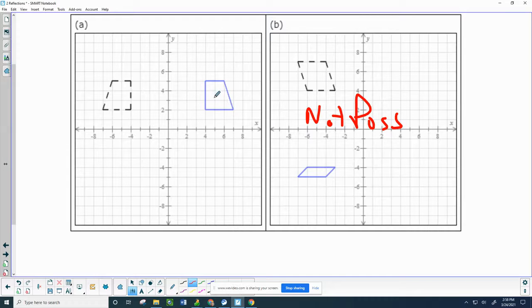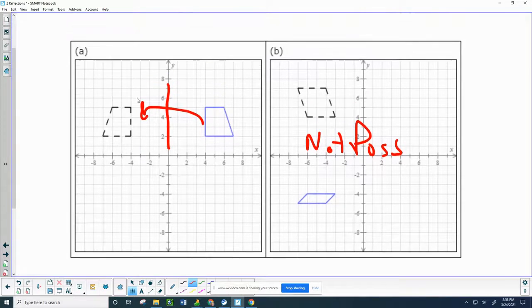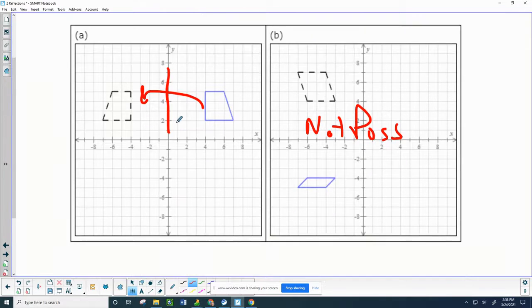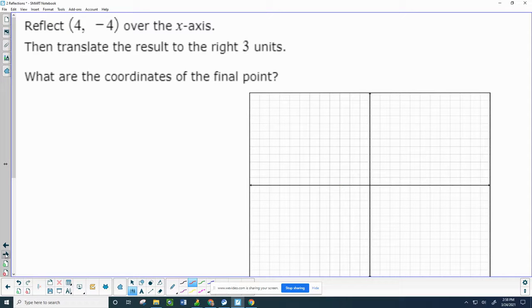This one, on the other hand, is a reflection across the y-axis that you can see here, and so it would overlay nicely onto that one right there, and so that would be the answer to that one. And you will be able to do that on your Alex with the applications that it has available to you.